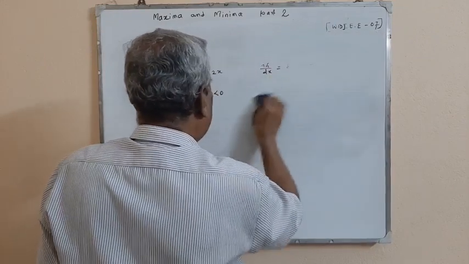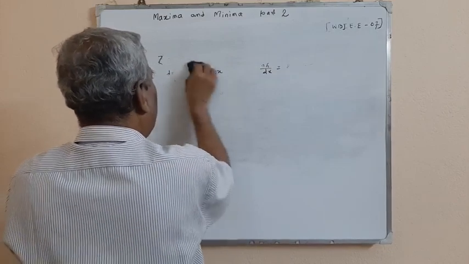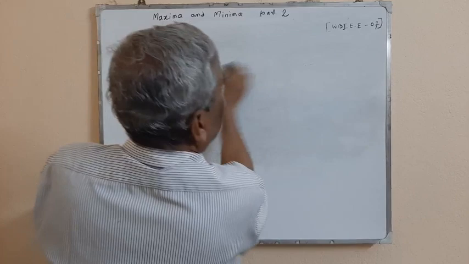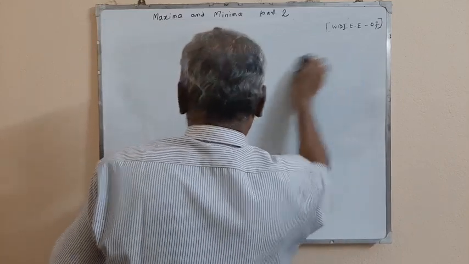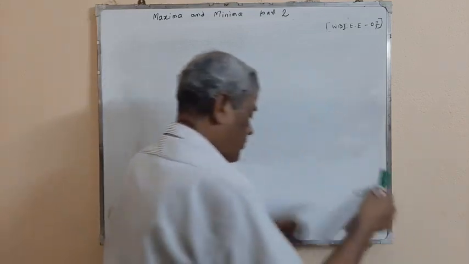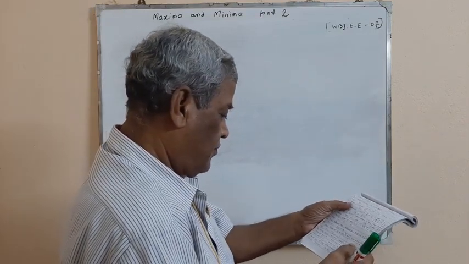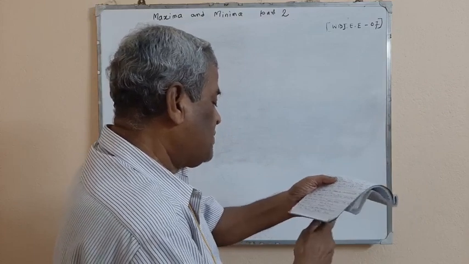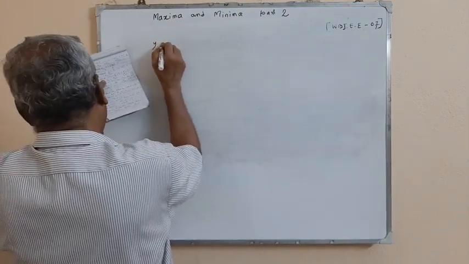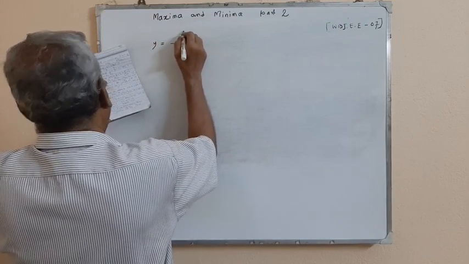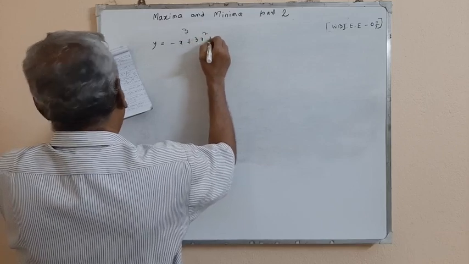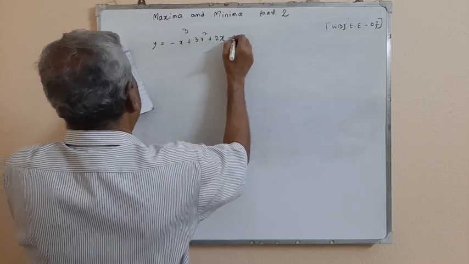Next, maximum slope of the function y is equal to minus x cube plus 3x square plus 2x minus 27.